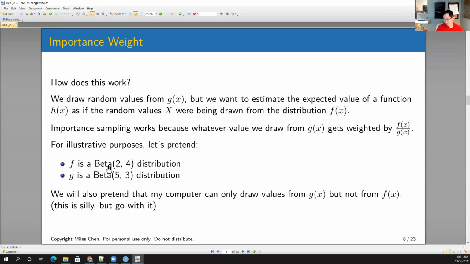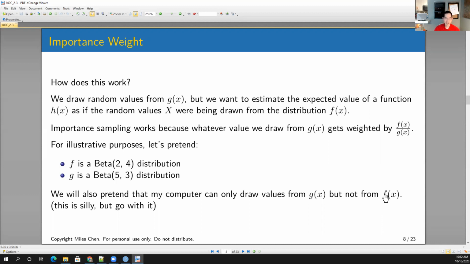So let's say f is a beta 2,4 distribution and g is a beta 5,3 distribution. These are both beta distributions, so they have the same support. That is, both will generate values from 0 to 1, but f and g have very different shapes. At least for the purpose of this example, we're going to pretend that our computer can generate values from g, but it can't generate from f.